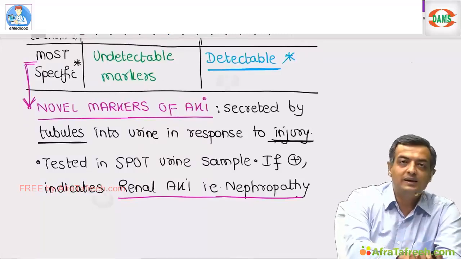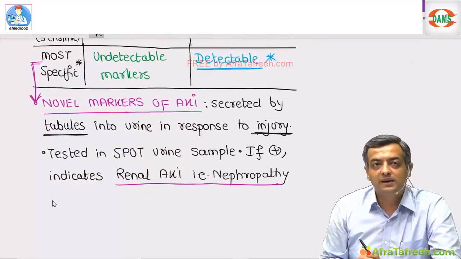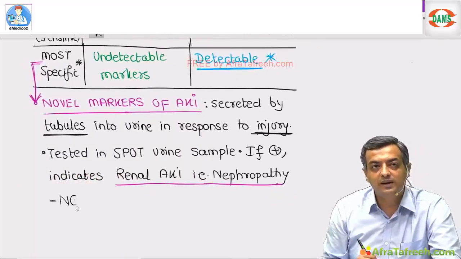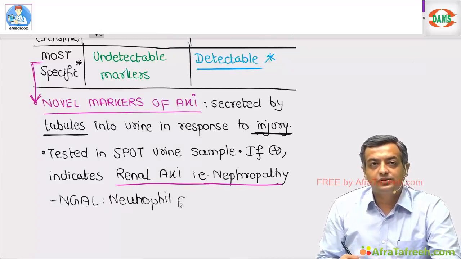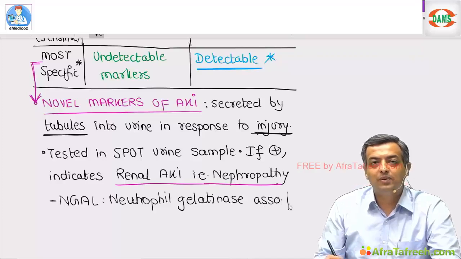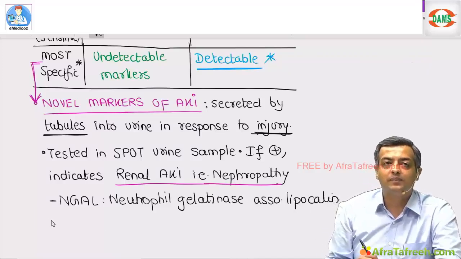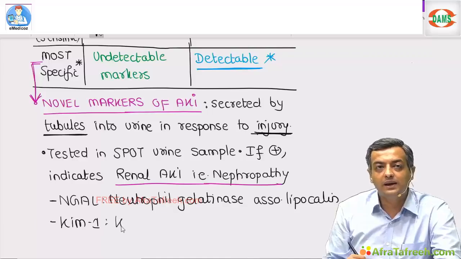So which are the markers? There are a couple of them. The most studied marker is NGAL, the neutrophil gelatinase-associated lipocalin. We have KIM-1, kidney injury molecule.